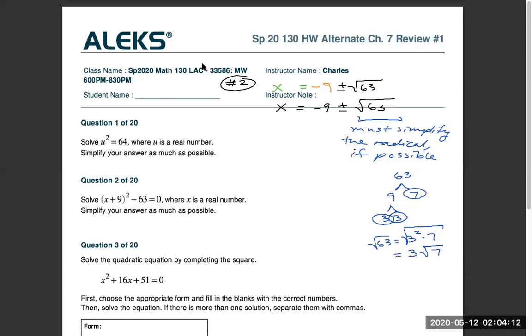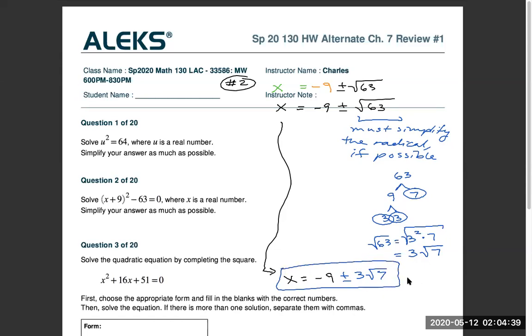So from here, what we get is x is equal to -9, and then you're going to have this plus minus 3 root 7. And that's as simple as the answer can get.